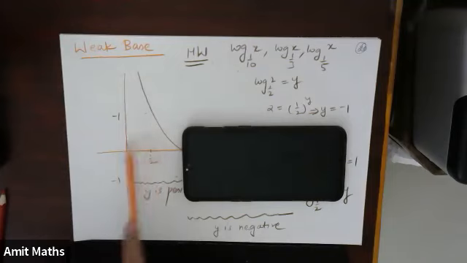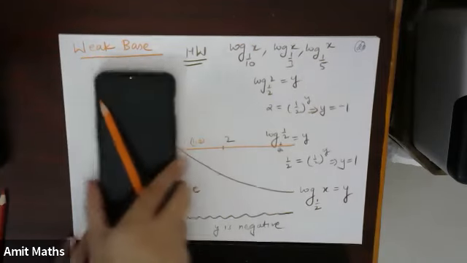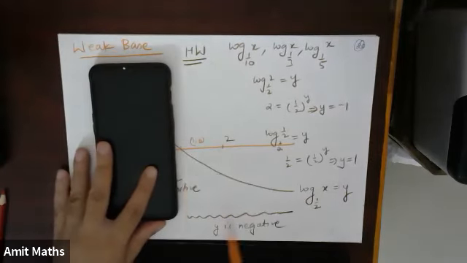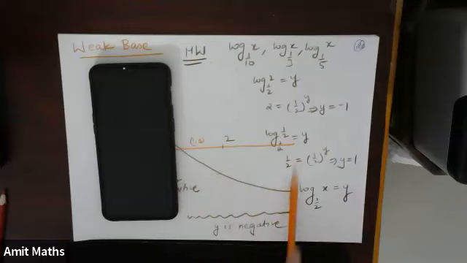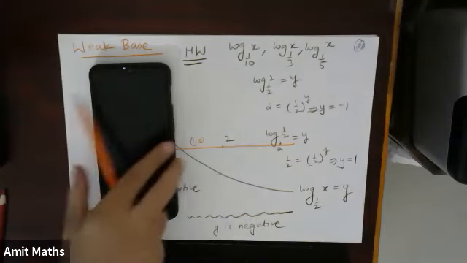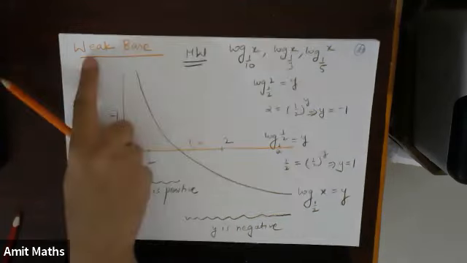No matter what x I take. So for weak base between 0 and 1, y is positive. Now if I hide this part, and take x greater than 1, this y is negative. Understood? Fine. This is for weak base.